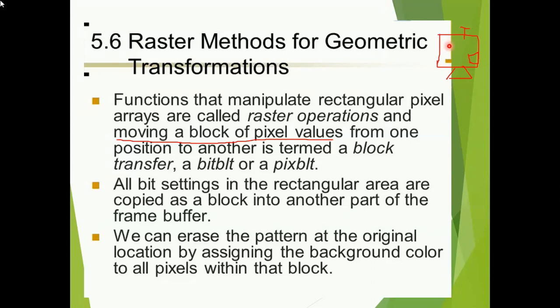You may feel the object is being erased on the screen, but actually you are assigning the background color, which was on the screen, to those particular locations of the frame buffer. That is what we do here.